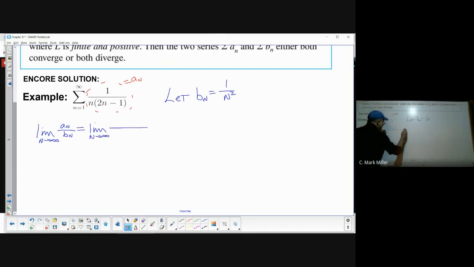What is AN? AN is the numerator, 1 over 2n minus 1. The denominator, 1 over n squared. Invert and multiply. Invert the bottom, multiply by the top.